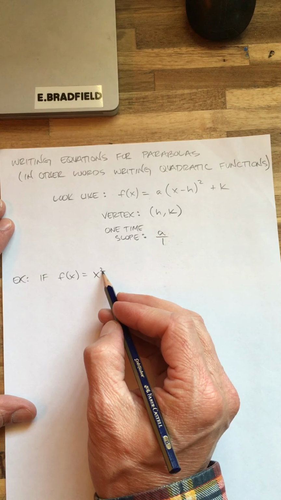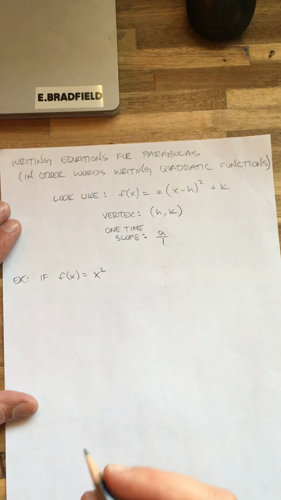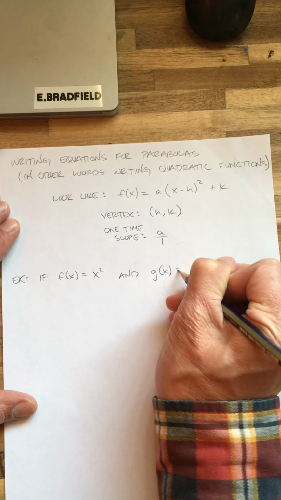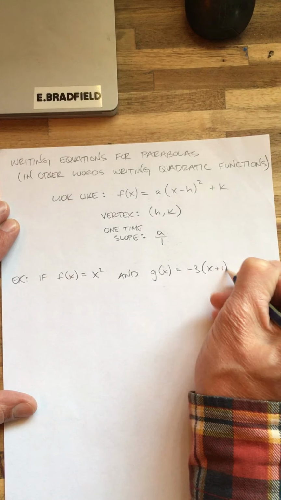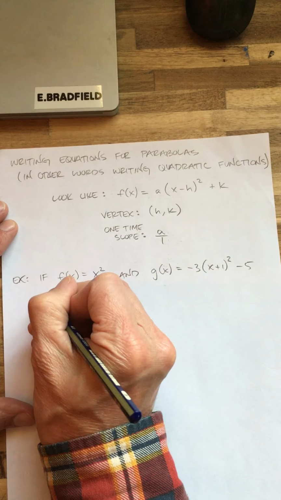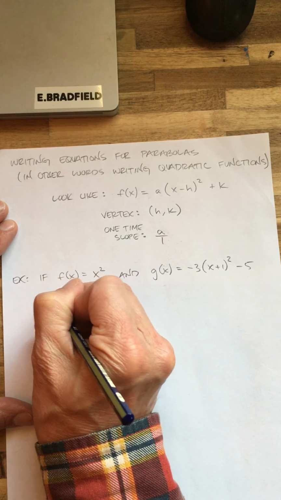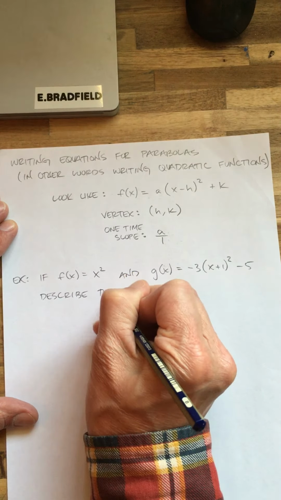So if f of x equals x squared and g of x equals negative 3 times (x plus 1) squared minus 5, we want to describe the transformation.